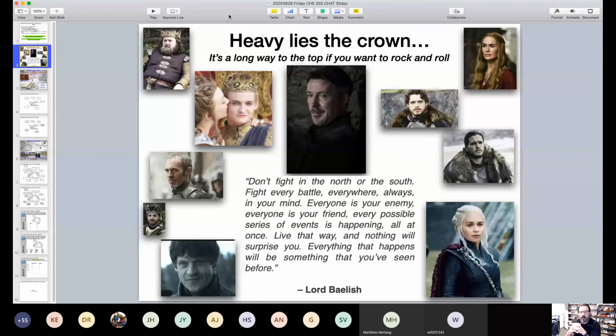I like to show this slide because of Lord Baelish's quote here. You can read it, I won't repeat it, but I think what organic chemistry is going to do is challenge you like you've never been challenged before. In something new, you always have to grow, right? So you should not consider this course as a continuation of Gen Chem, where you're doing the same thing.